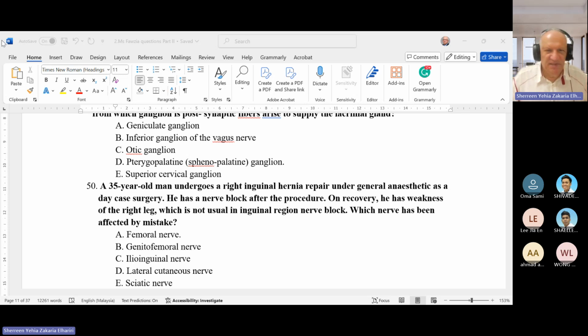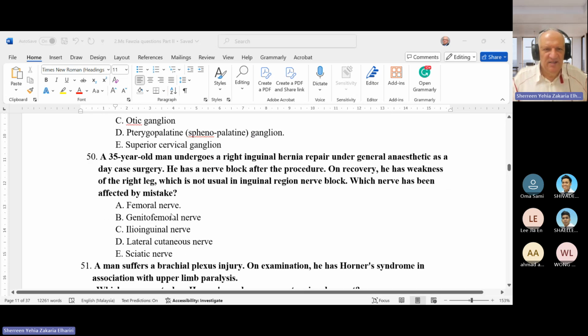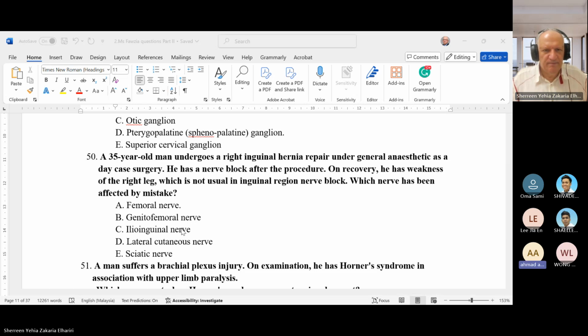Something happened. So which nerve causes weakness of the right leg? Anyone have an idea? Ilioinguinal nerve? No, the ilioinguinal nerve will not affect the leg at all. This is why we say it is by mistake. So the answer here is the femoral nerve. Of course, it is not typical.